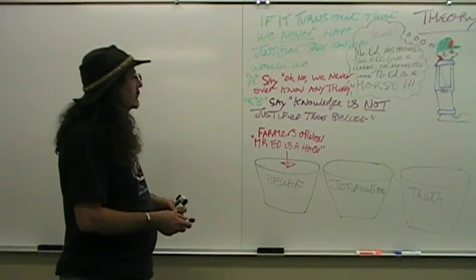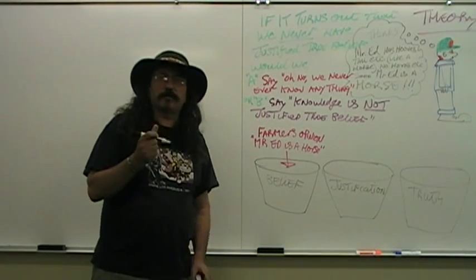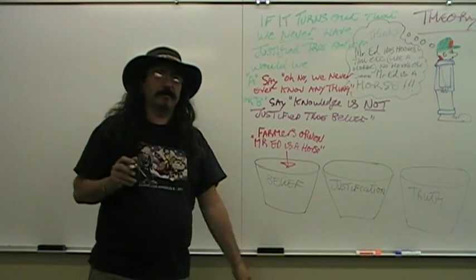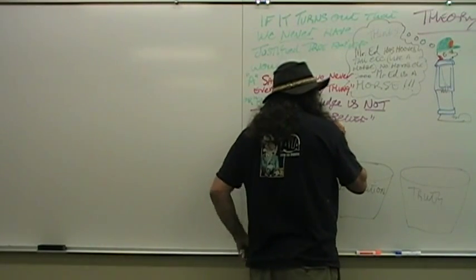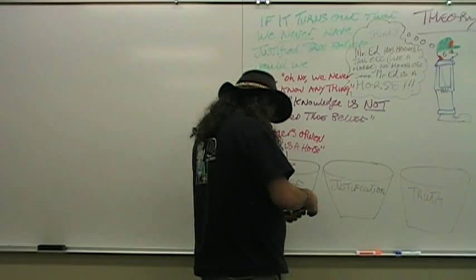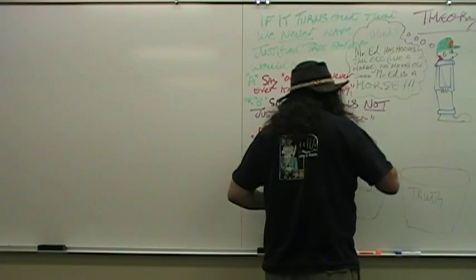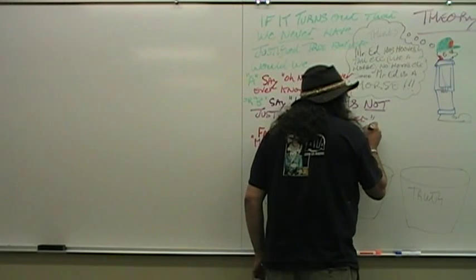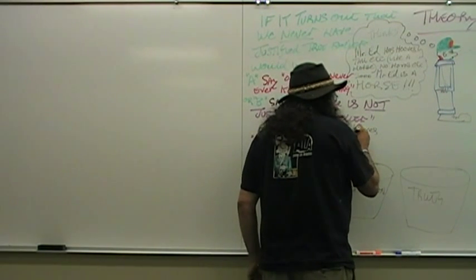All right, what goes into justification? What could you offer me to justify a belief that Mr. Ed is a horse? He looks like a horse. Well, break it down into details. The hooves, the tail, the mouth, the nose, the ears. Closed hooves. Hairy mane.